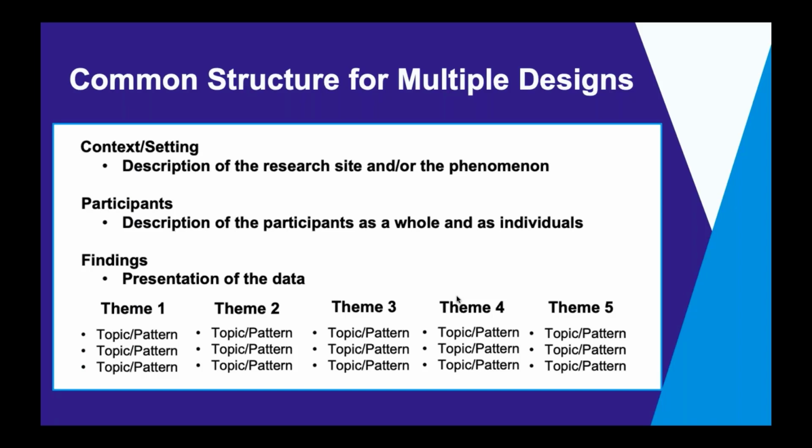The steps in the process would actually take the place of the themes. So from this common structure, we see that we describe the context and the setting, the participants, then the findings, which is the presentation of the data. And we have topics and patterns within those themes.